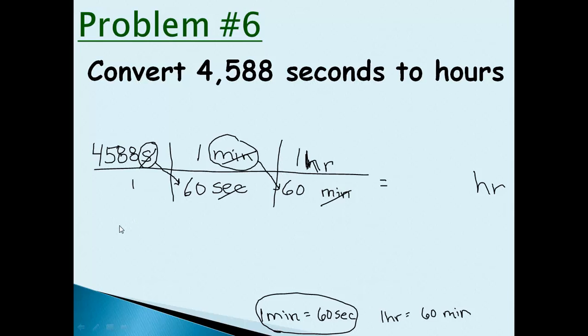If I'm going to plug every step into my calculator, this is what I'm going to plug in: 4,588 times 1 times 1 divided by 1 divided by 60 divided by 60. That will give me the answer. Now, you can skip these 3 steps if you want, because we know that multiplying and dividing by 1 always equals the same number. So let's see what we get as an answer.